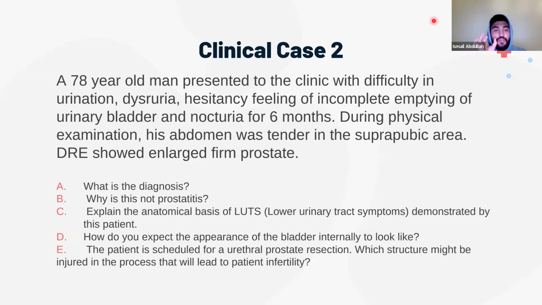This residual urine is going to trigger the trigone to be activated, which will cause nocturia, frequency, urgency, all of those. So this is known as the ball valve effect, when there is a protrusion of the prostate into the bladder. Anyways, I hope I explained it to you.